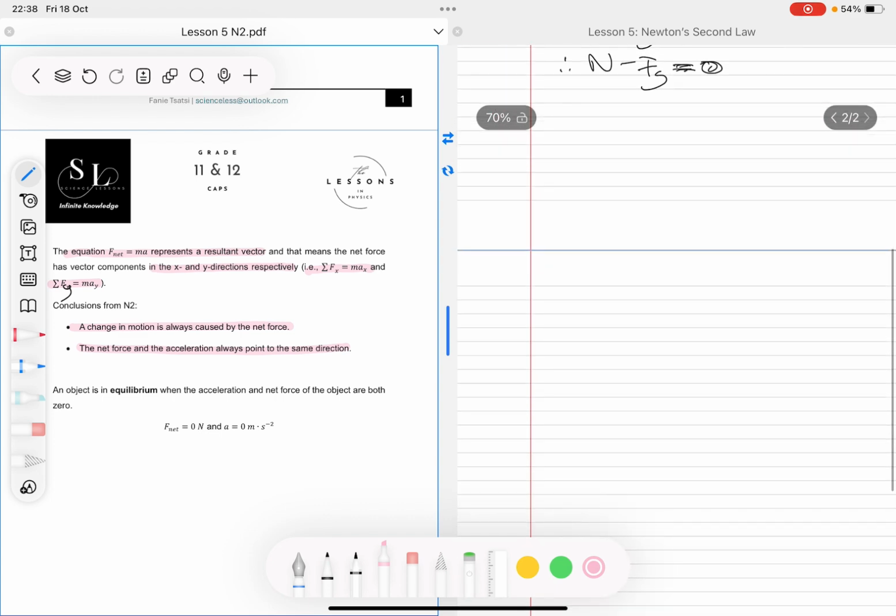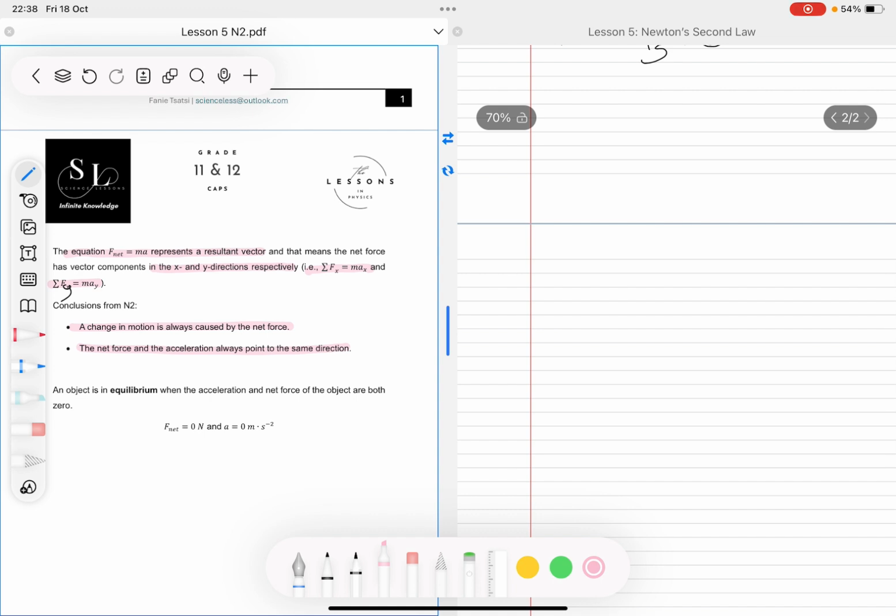Another important term to know that goes hand in hand with Newton's second law is equilibrium. Equilibrium is a special situation where the acceleration and the net force are both zero, right? The net force is zero and the acceleration is zero.